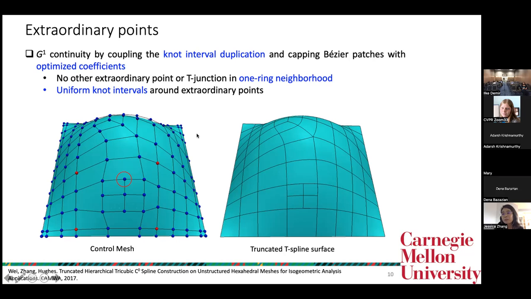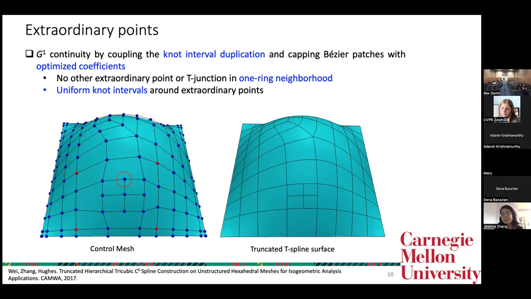So this idea has been extended to 3D. For 3D, since inside the volume the normal direction is not very well defined, we just keep C0 continuity for the 3D extraordinary node. But we can get a convergent result, and it is analysis-suitable for isogeometric analysis.